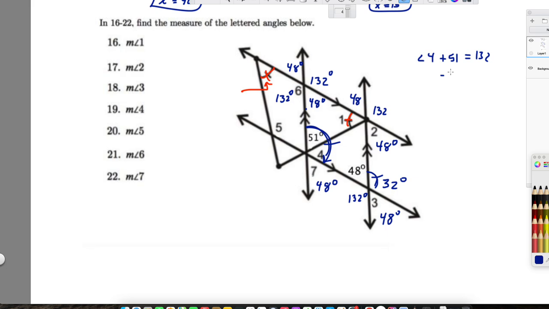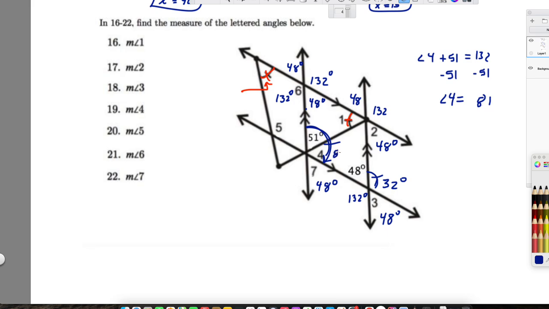And if I solve for angle 4 here, I get 71. No, I don't take away. That's 81. Let's back that up. Sorry, 81.